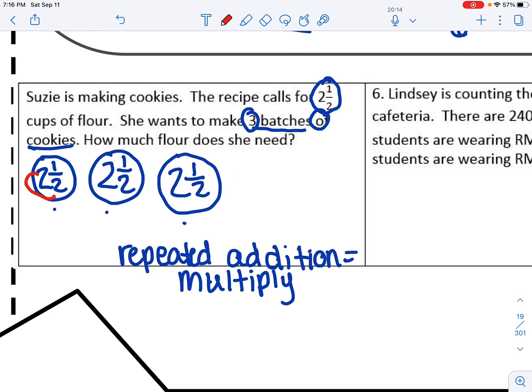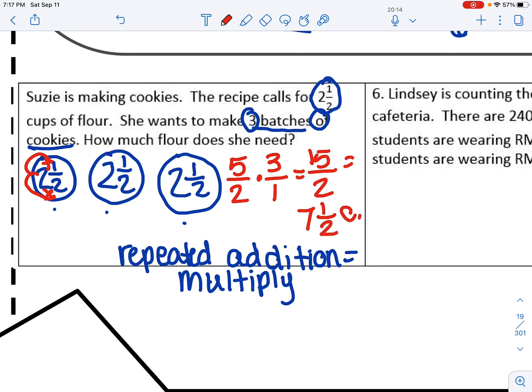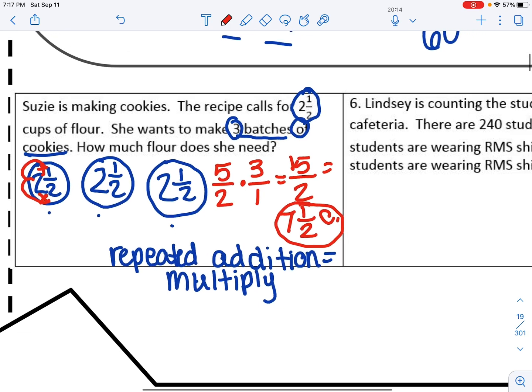So I have 2 times 2, which is 4, plus 1, which is 5. So I'm going to have 5/2 times 3 over 1. That gives me 15/2, which is equal to 7½ cups. So Susie is going to need 7½ cups of flour to make her 3 batches of cookies.